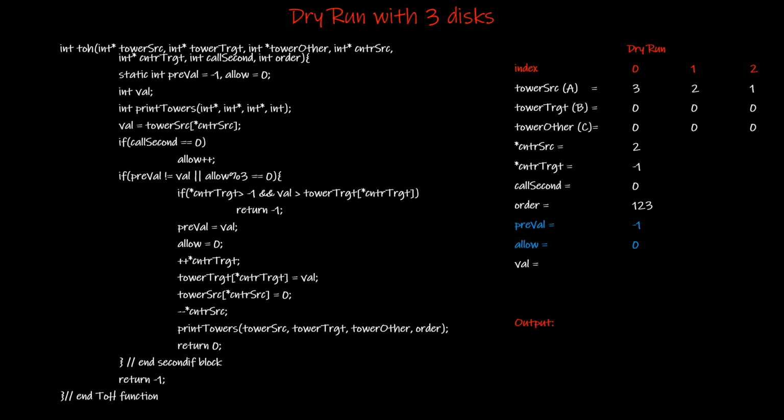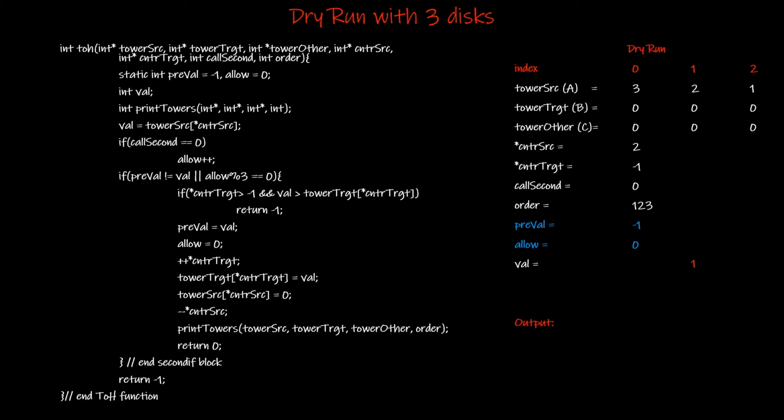After that, val is assigned the value of tower source at the index position of counter source. The tower source is tower A. The counter source value is 2, and therefore the value at index 2 of tower source is going to be 1, and therefore val will be assigned value 1. This is the value to be considered, or disk to be transferred.